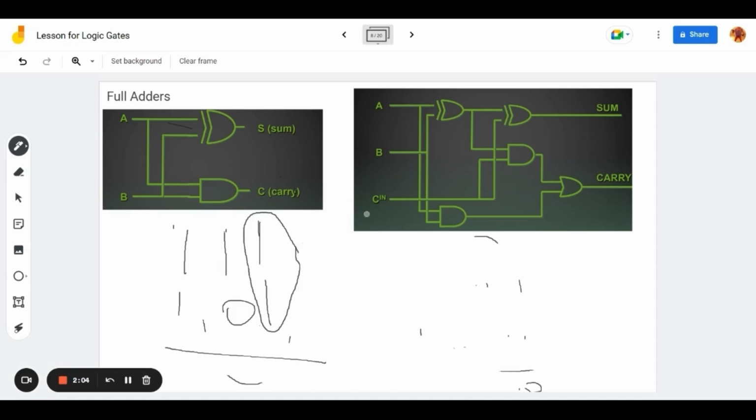In the full adder, there's something called the C input, which means a carry input. And so just like how in regular adding of binary, we carry the input over, we use the full adder after the half adder, because after we've added the two digits together to get a carry, we can now move the carry forward. And when we move the carry forward, the carry goes through here, and it gets combined with the rest of the input and the rest of the question.